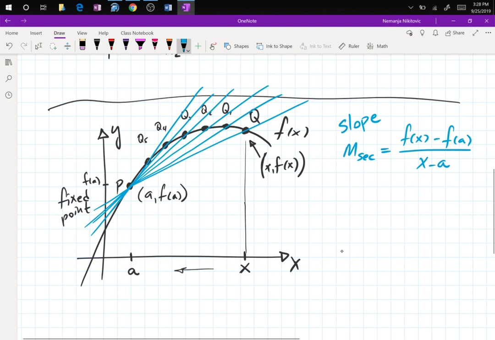As the blue line moves to any other location, the second point x would be whatever value. You plug that in for x and you have a particular slope. Then it moves a little bit, the x value changes, and then obviously the slope changes, because all of these slopes are different values because the point Q is moving towards P.